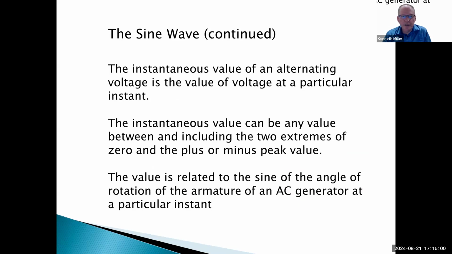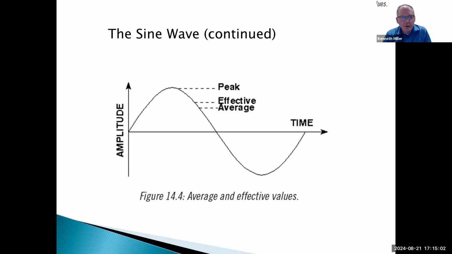So on our sine waves, remember, here's 0 degrees, here's 90 degrees, here's 180 degrees, here's 270 degrees, and then here's 360 degrees or back to 0, right? Because we have a total of 360 degrees in one complete circle, right?